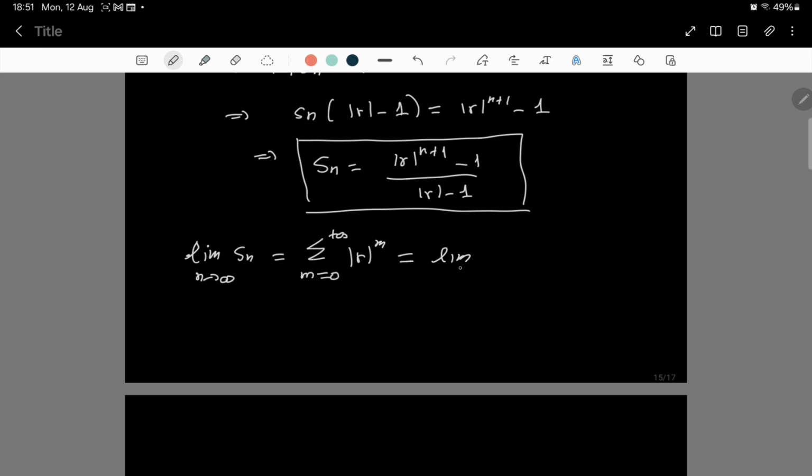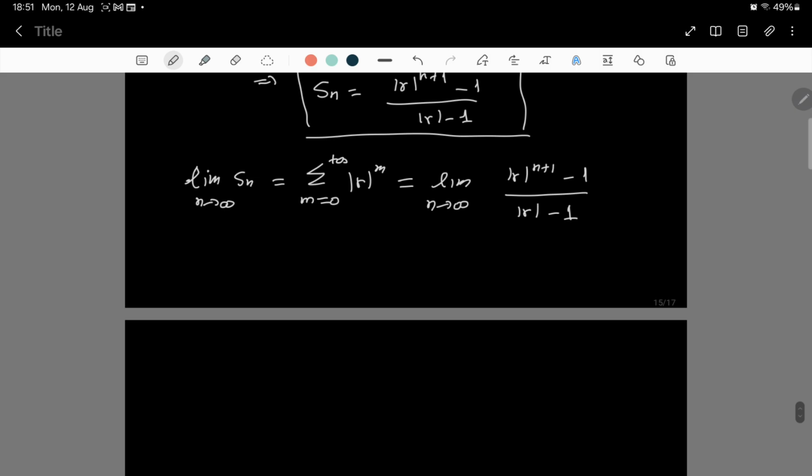So I take the limit as n grows to infinity of r to the power of n plus 1 take away 1 divided by r minus 1. This should be the limit as n grows to infinity of r to the power of n times r minus 1 over the limit as n grows to infinity of r minus 1.